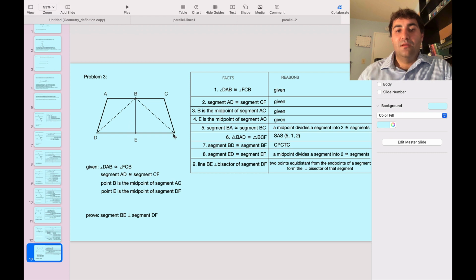I didn't actually write it out, but if it's a perpendicular bisector, then it has to be perpendicular. So segment BE, which is a subset of line BE, is perpendicular to segment DF.